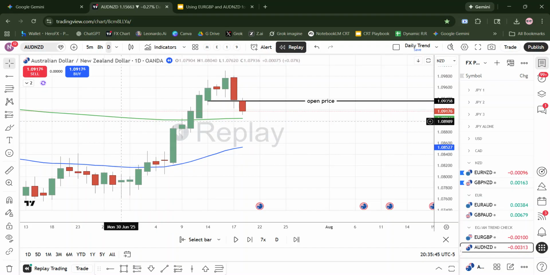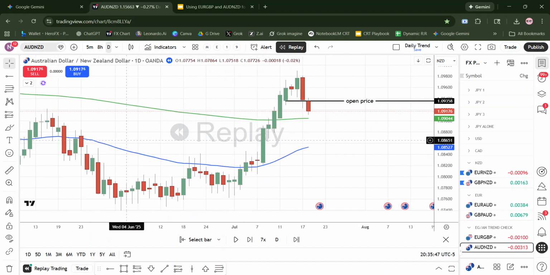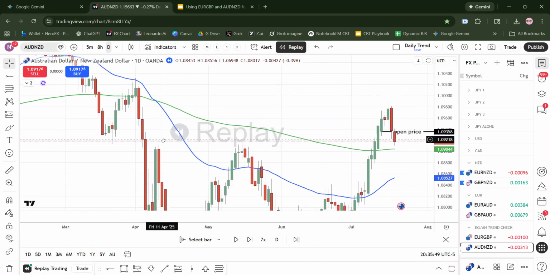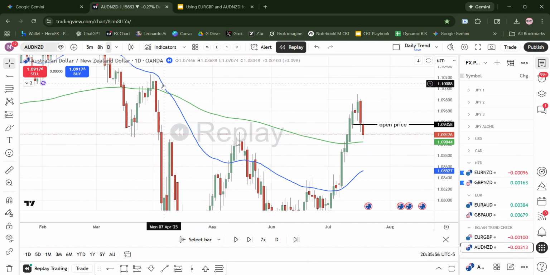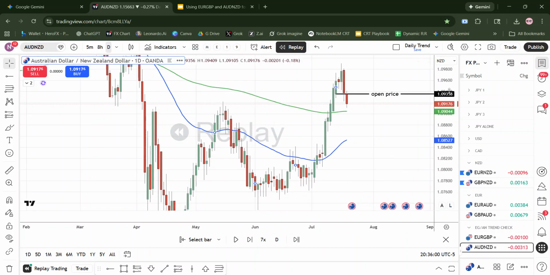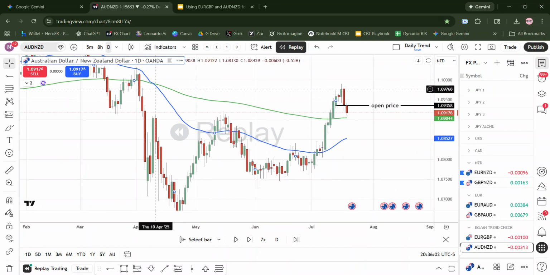Typically, when the 200 is above the 50, the trend's technically considered short because you have what's called a death cross. These are retail terms that some institutions use as well. When they see the 50 cross below the 200, that means you're in for a serious bear market. You do see when this cross did happen, price did go to the downside some, but then it rebounded back up.